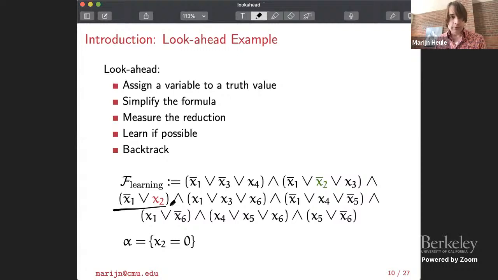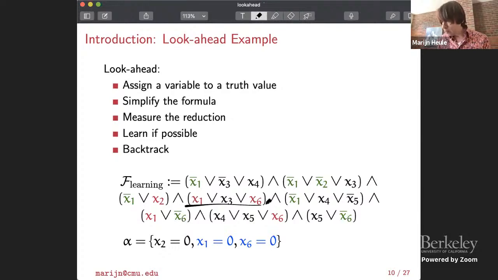All the literals except for one are falsified, and so you are forced to make x1 false. This in turn makes this a unit clause and therefore forces x6 to be false as well. Now this clause becomes unit, forcing x3 to be true. Afterwards, there are no simplifications possible anymore, and so that part of the look ahead is over.